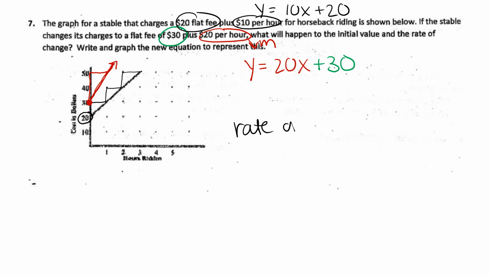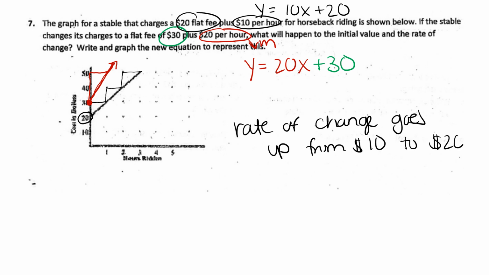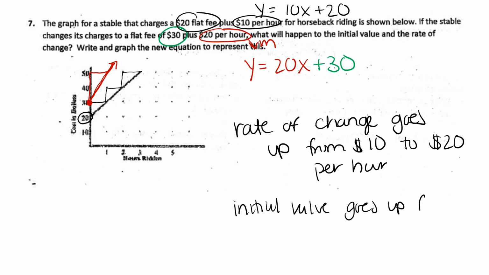So the rate of change goes up. It's going up from the $10 per hour to $20 per hour. The initial value is also going up. It's going up from the $20 fee to the $30 fee.